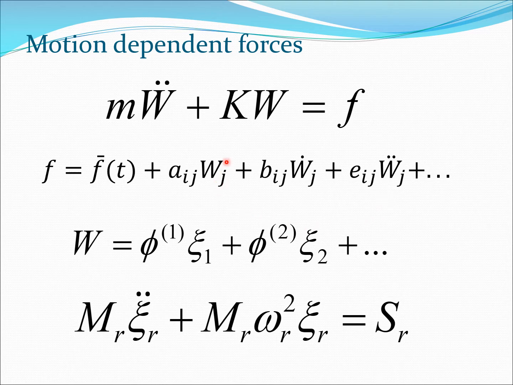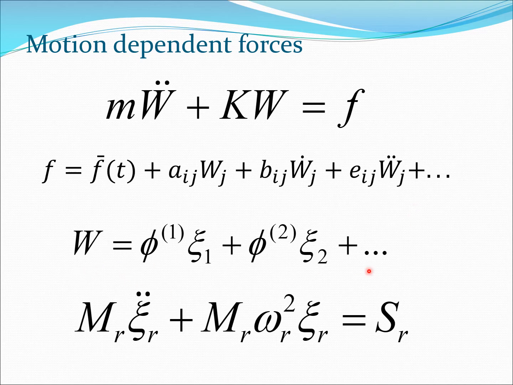So essentially these are terms involving w, which itself is a solution of this particular equation which we want to obtain. So these terms are essentially what are known as motion dependent forces, and as you can see, this one is displacement based, this one is velocity based, this one is acceleration based, and maybe there are more such terms. So let's keep in mind these three terms which are typical.